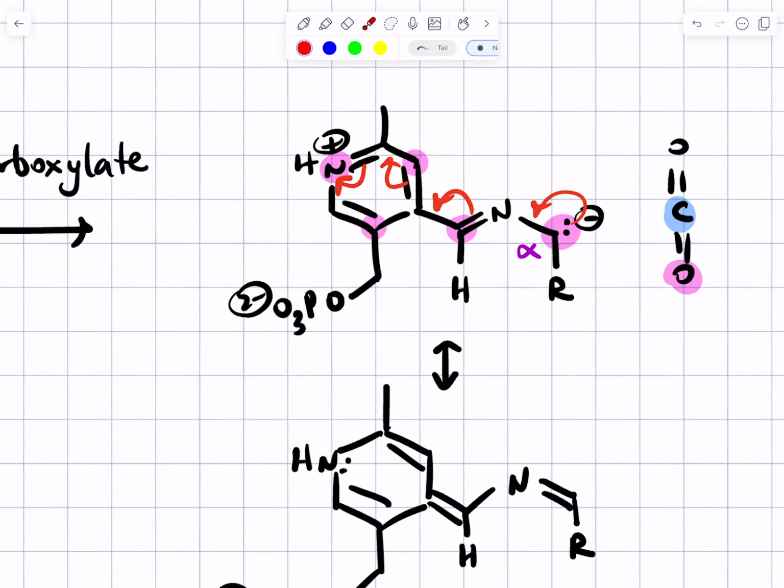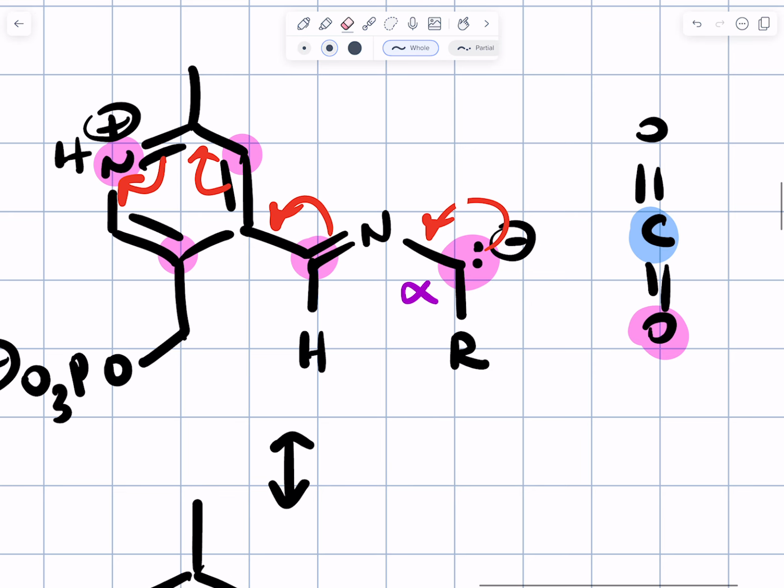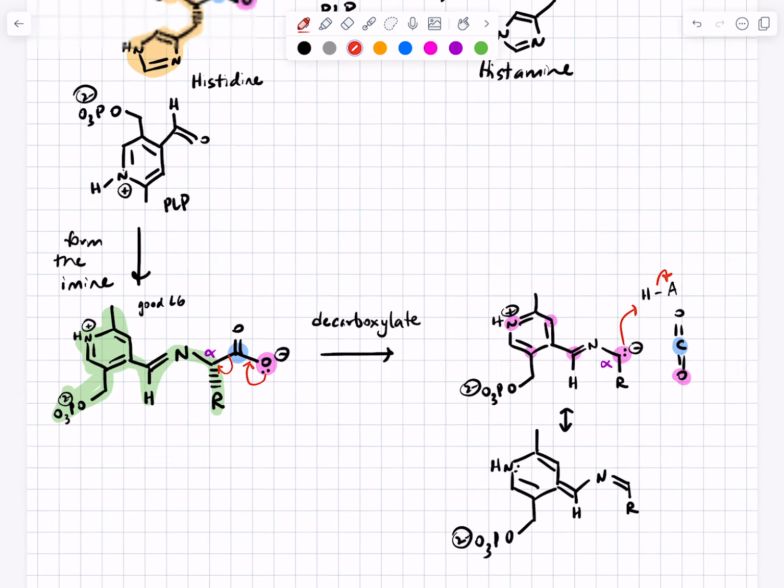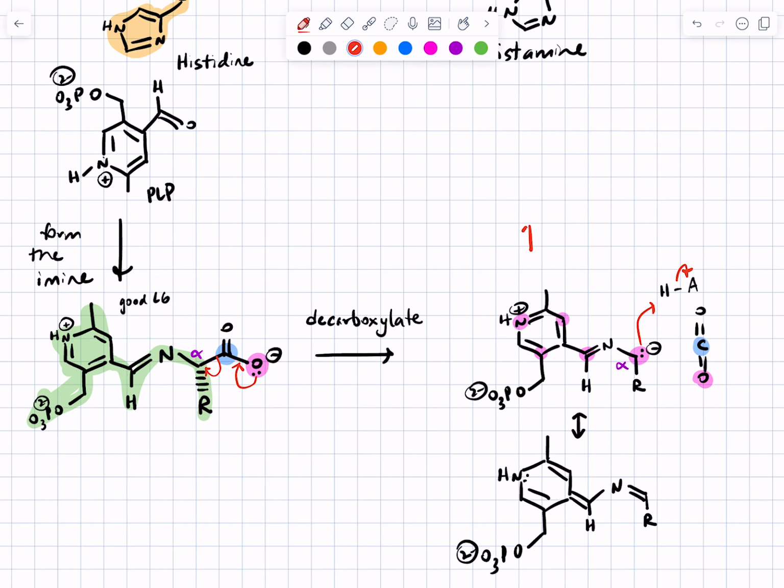Now, at that stage, I'm going to erase those arrows that interconvert the resonance structures. If we now pick up a proton from the solvent or from the enzyme, I'm not sure what, so I'm just going to be generic. That will generate an intermediate, which is just the conjugate acid of what we've just drawn.